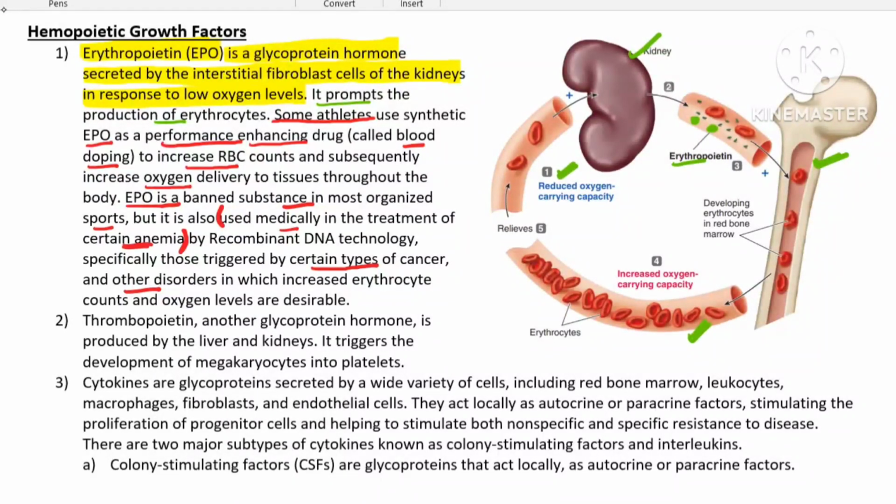the performance. Second growth factor is thrombopoietin. It is another type of glycoprotein which is produced by the liver and kidney to make the production of platelets from megakaryocytes. Next growth factor is cytokines. They are also glycoproteins.